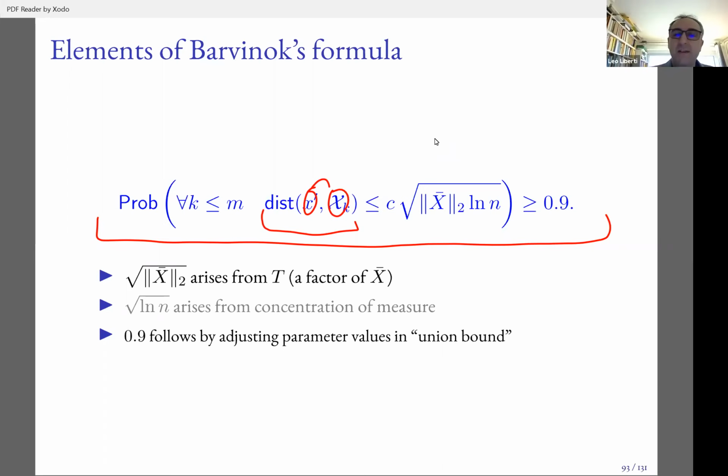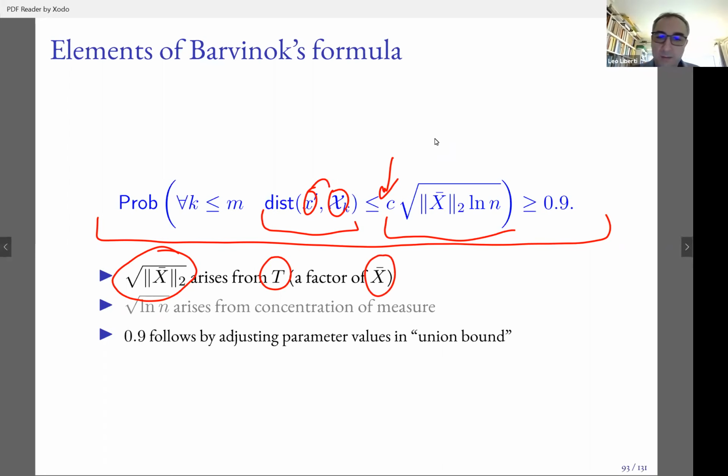Now, the rest of the formula, this was the universal constant, so we can't really control that. This part arises because of T, okay? Do you remember that T was a factor of X bar, okay? So if you just take norms, the norm of T would be the square root of the norm of X bar. And this other term arises from concentration of measure.